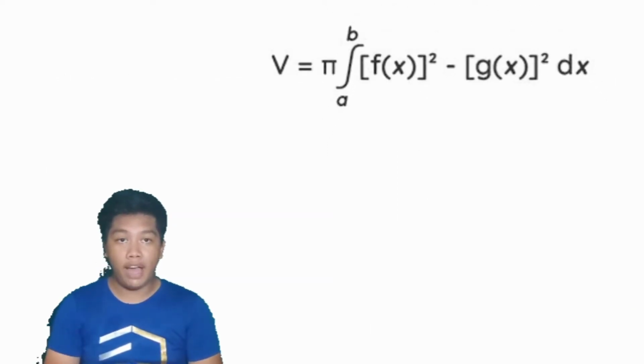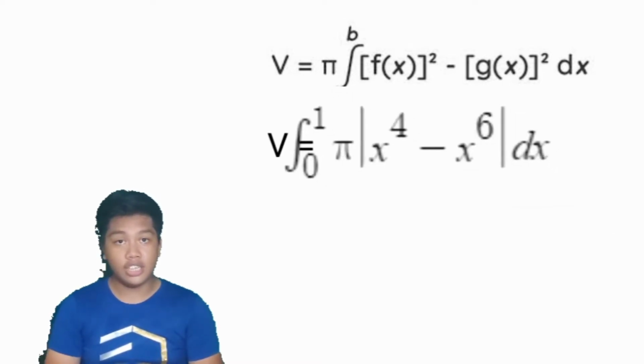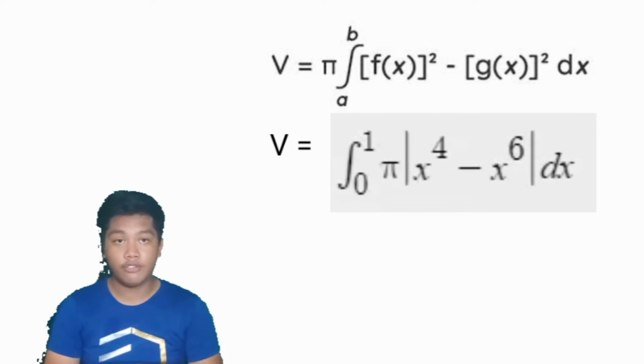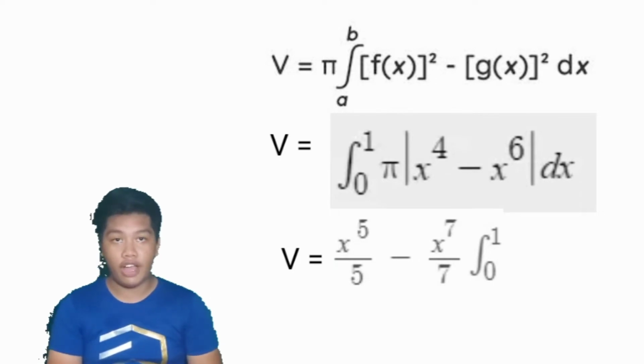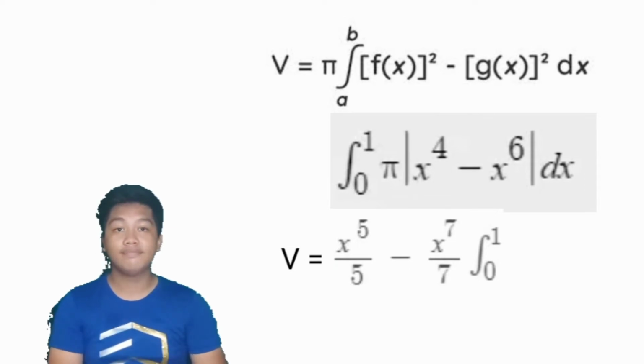Volume is equal to pi times the integration from 0 to 1 of the square of x squared minus the square of x cubed dx. Now let's simplify this. Volume is equal to pi times the integration from 0 to 1 of x to the power of 4 minus x to the power of 6. So, we integrate x to the power of 4, which is x to the power of 5 over 5, and x to the power of 6 is x to the power of 7 over 7.